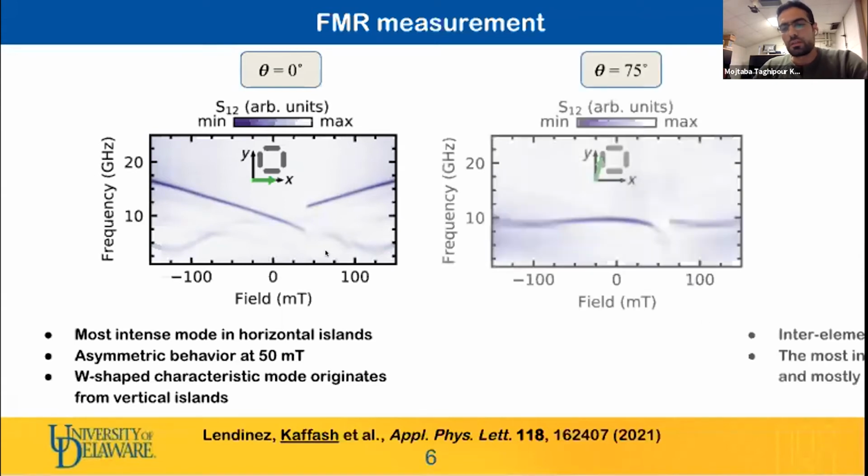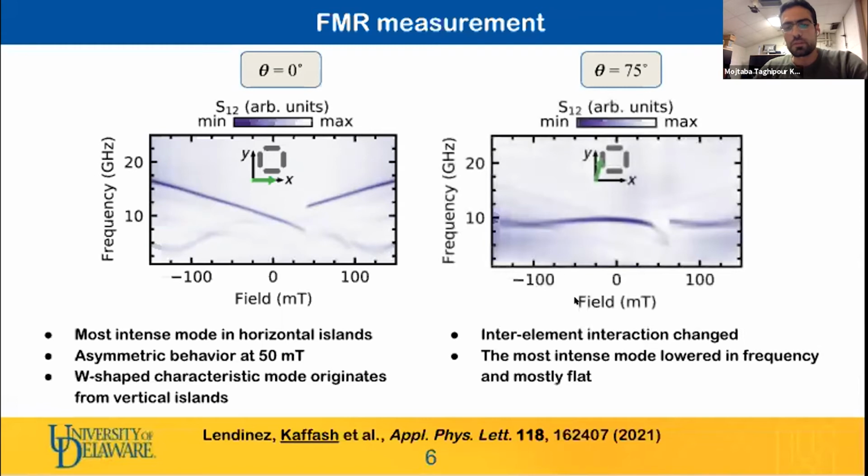Furthermore, to change the inter-element interaction, we apply a bias field at theta equals 75 degrees. Here, the most intense mode, this one, which is predominantly associated with the horizontal island dynamics, is lowered in frequency and it's mostly flat.